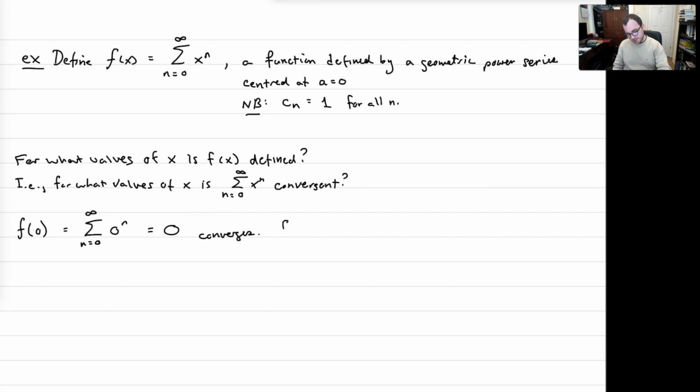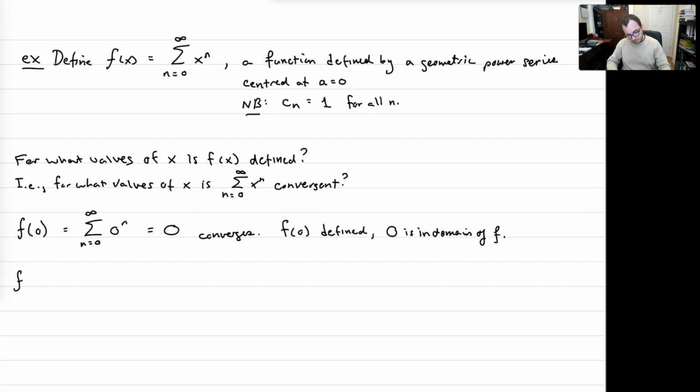That means that f of 0 is defined. 0 is in the domain of f. So anything that I plug into f that results in a convergent series, 0 does because it results in the series that just has a bunch of zeros added together, that's going to be in the domain of the function that I've defined.